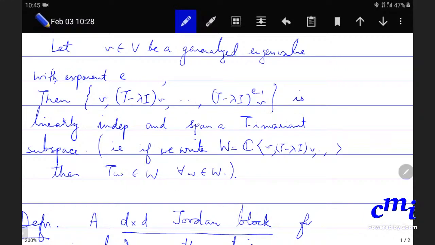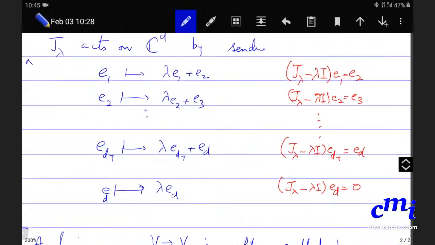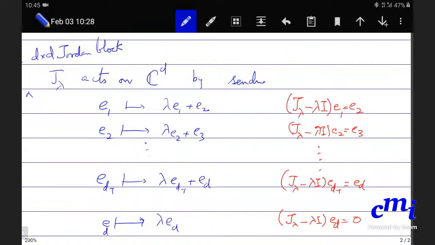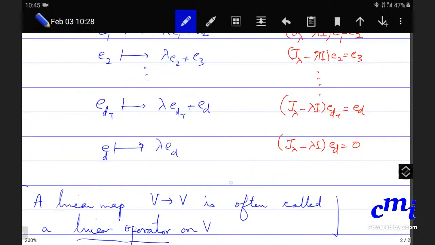So what this Jordan block gives is a basis constructed like this. We apply J lambda minus lambda I repeatedly to E1, and that gives the rest, E2, E3, and so on. J lambda has that property, so this is exactly as in that construction. Therefore, the exponent of E1 is d.